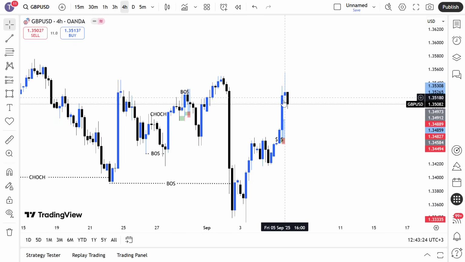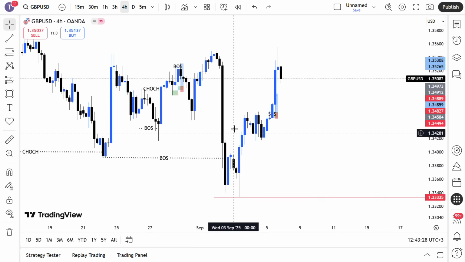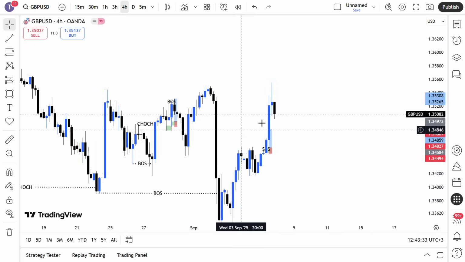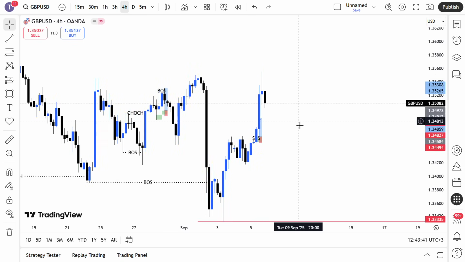You can see the market came up to sweep this high's liquidity because there was no inducement being formed in between here. And if we have a candle close to the upside, we will have our shift in market structure to the upside. But for now, we wait and see how the market will be reacting.